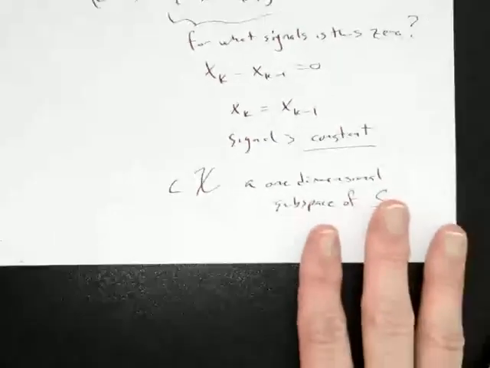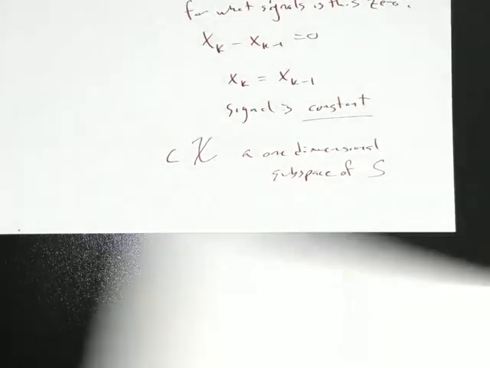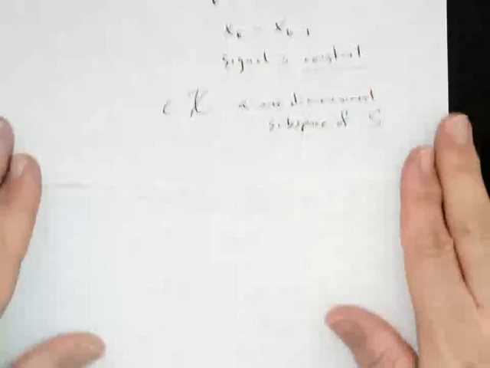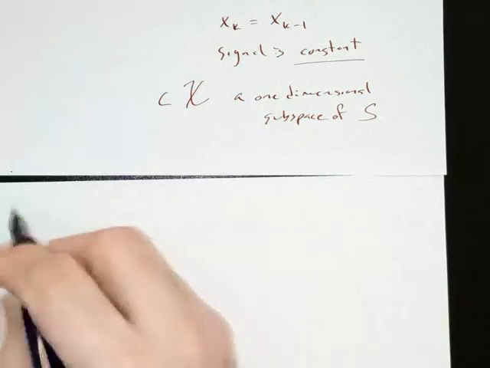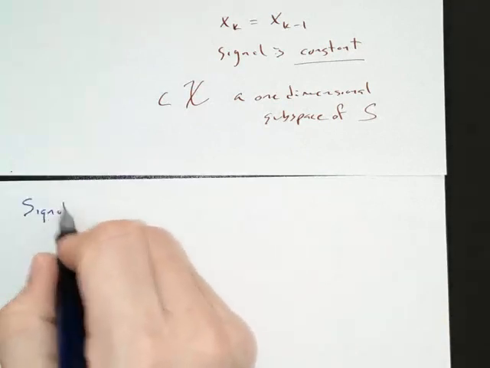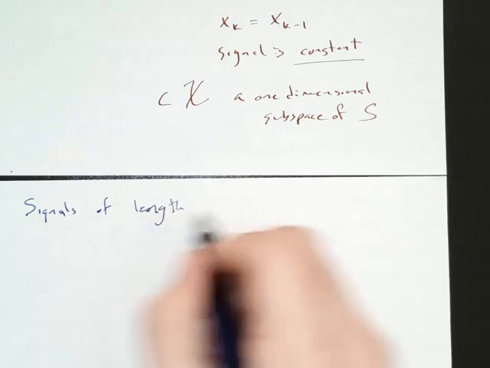Now, I will say that there are lots of other subspaces of the signal space. One of the most important, in my opinion, is the finite signal space. Signals of length n.